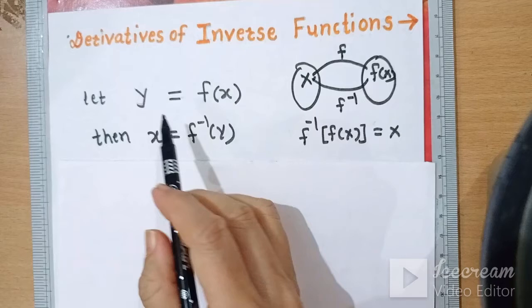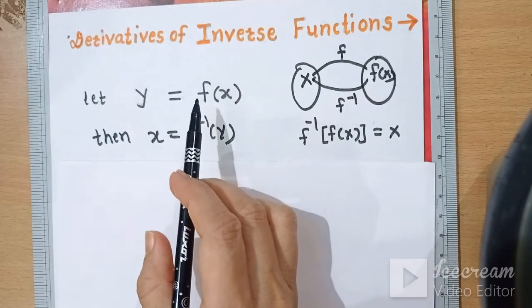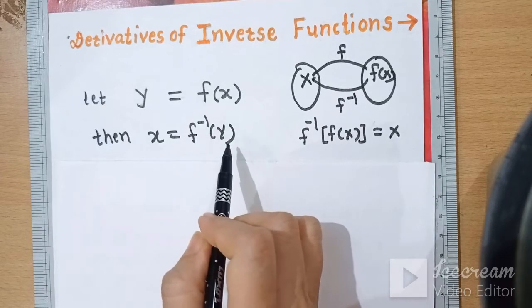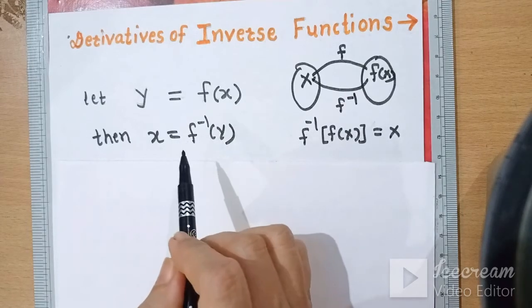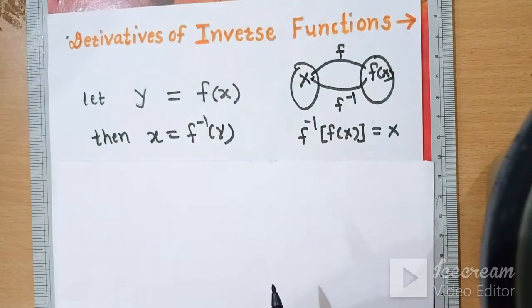That means if y is a differentiable function of x and if it is 1-1 and onto, then x is equal to f inverse of y, and if this is a differentiable function, then we can find the derivative of the inverse function.